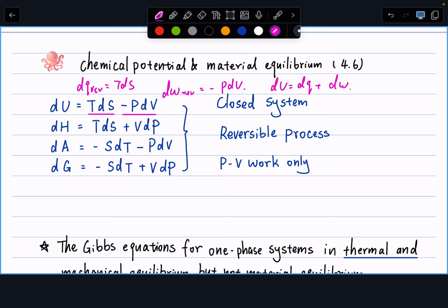Then after defining the chemical potential, we'll discuss what the sign of the chemical potential is at equilibrium and prior to equilibrium. And at the end, we'll talk about the physical meaning of chemical potential. That's our ultimate goal, trying to describe material equilibrium.